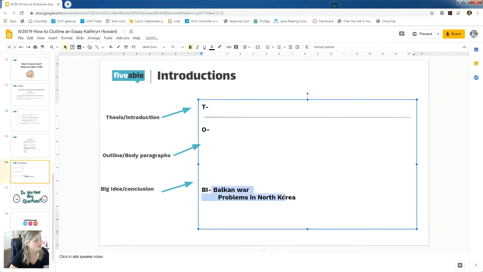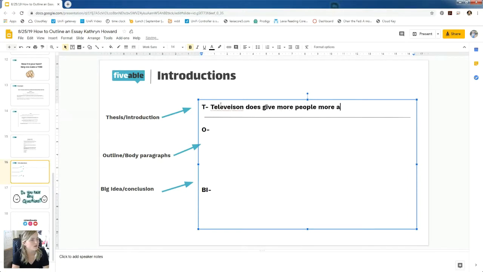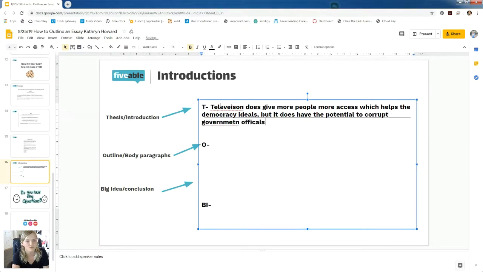Okay, so for my thesis, I don't know what you guys think, and if you have a good idea for a thesis, go ahead and comment it, and I will definitely put it in there, but until someone does, for my thesis, I'd probably put something like: television does give more people more access, which helps the democracy ideals, but it does have the potential to corrupt government officials.